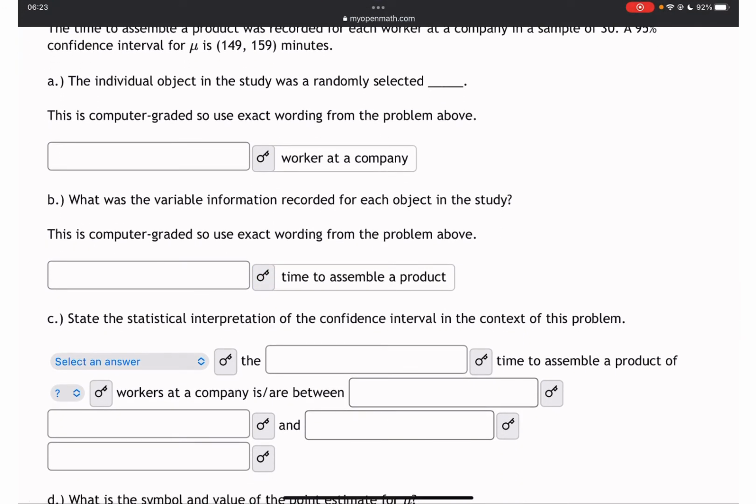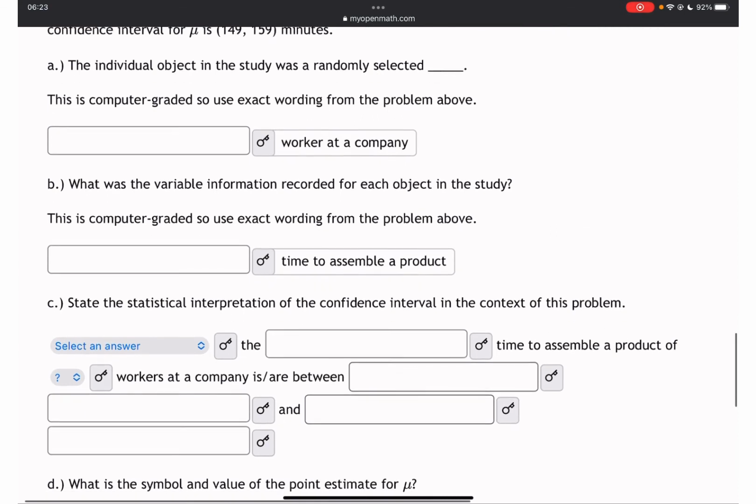Next, question number C. The rest is going to be the same. Practically, select the answer.